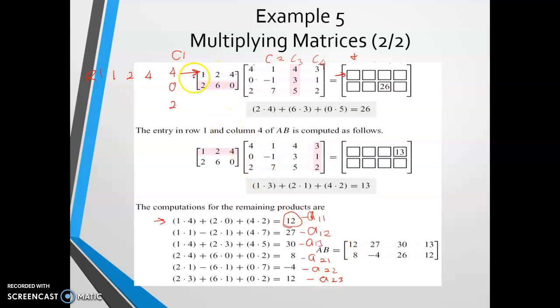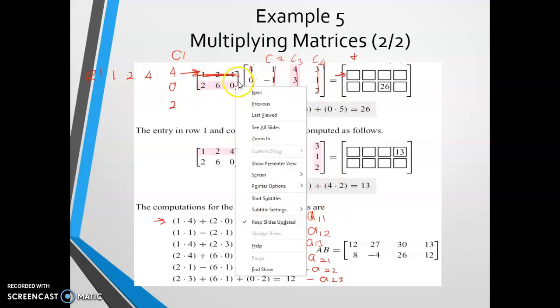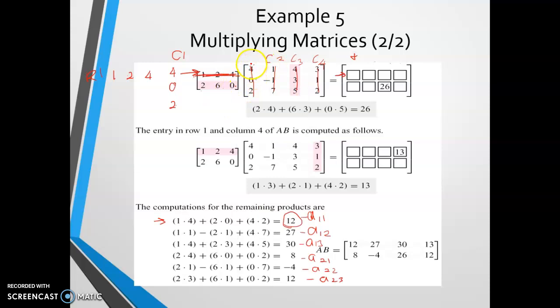It means this one multiplied with this one, this one, this one. Okay, settle. And then followed by R2 here, and then multiply with column 1, column 2, column 3, and column 4.